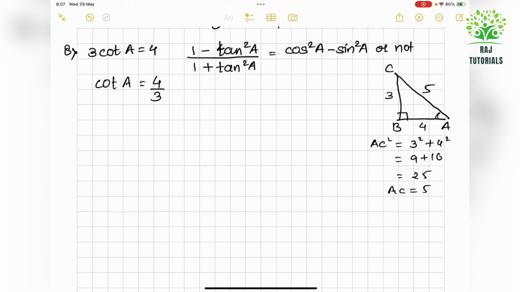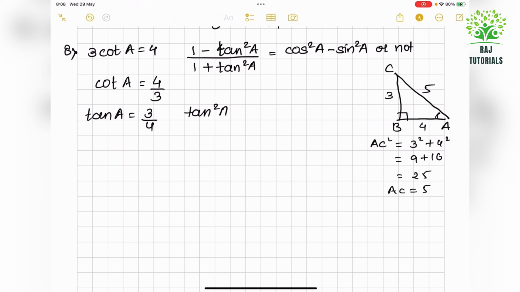Now here I am given 3 cot A equal to 4. Then check whether (1 minus tan square A) upon (1 plus tan square A) equal to cos square A minus sin square A or not. So here cot A will be 4 by 3. So putting the values, I got AC equal to 5. So now I have to find tan A. So tan A will be perpendicular upon base, so that will be 3 by 4.